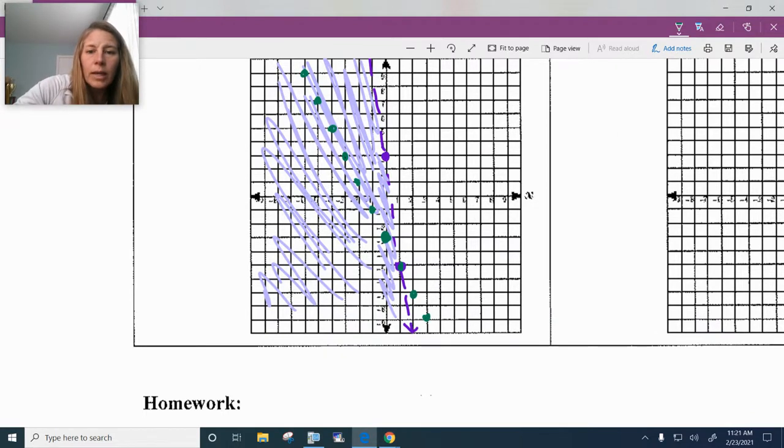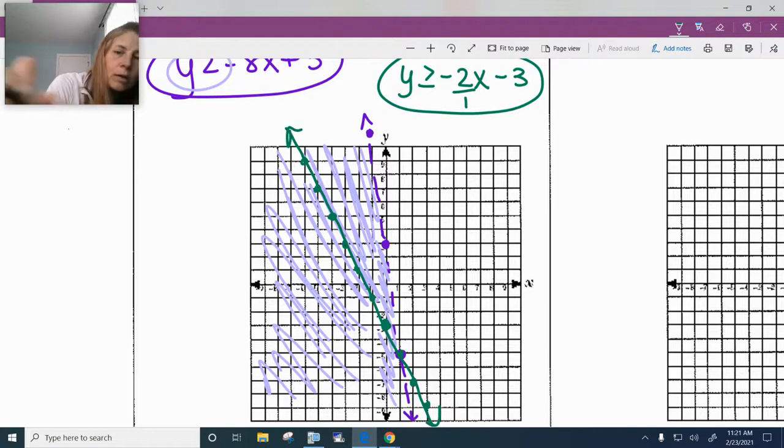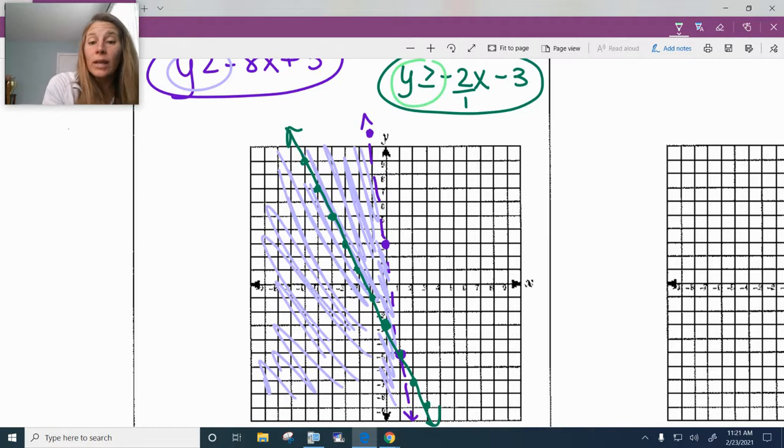And because my inequality sign this time does have the line under it, I can do a nice solid line for that one. Now, as far as my shading is concerned, y is greater, so I'm going to find my y-intercept and then go up. And then everything else that's on that same side of that line.